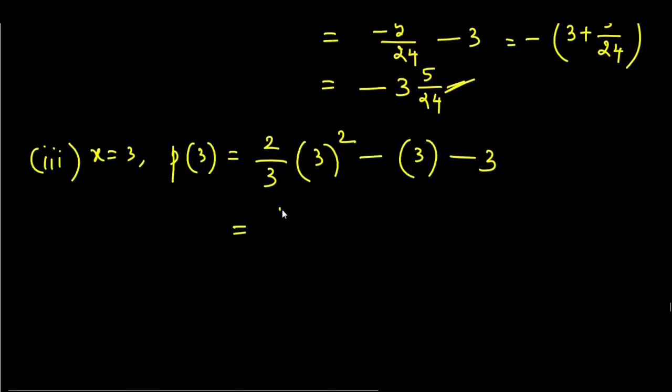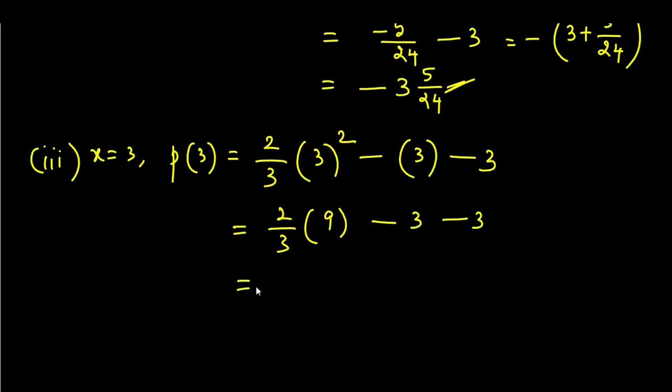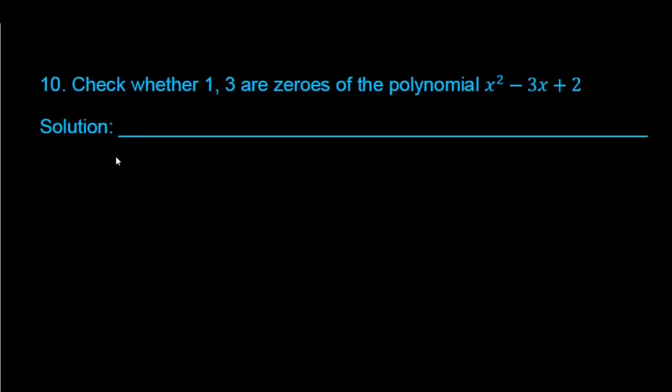So this becomes 2 by 3, 3 square is 9, minus 3 minus 3. We can cancel out 3 by dividing by 3. We get 1 here, 3 here. So it is 2 into 3 is 6, minus 3 minus 3. This is 0.